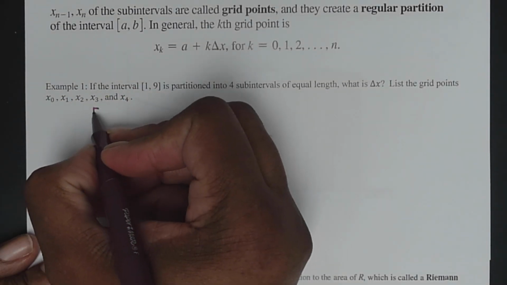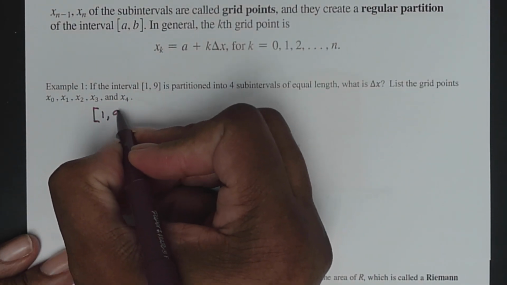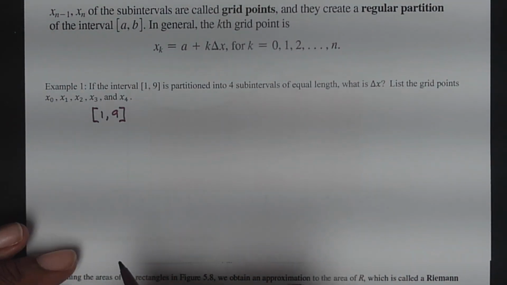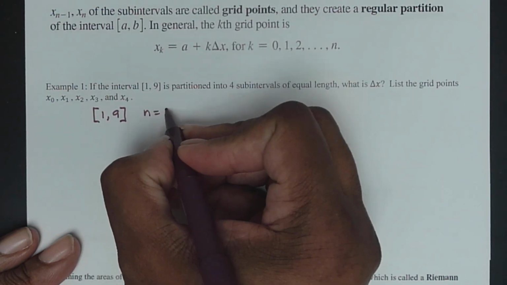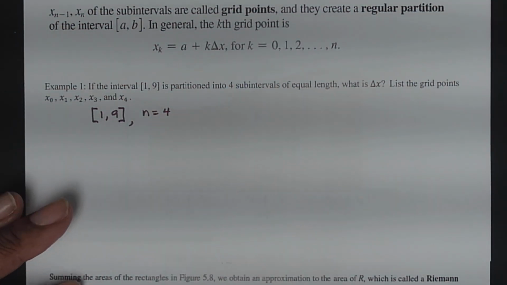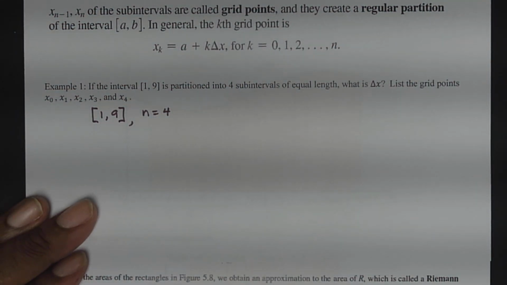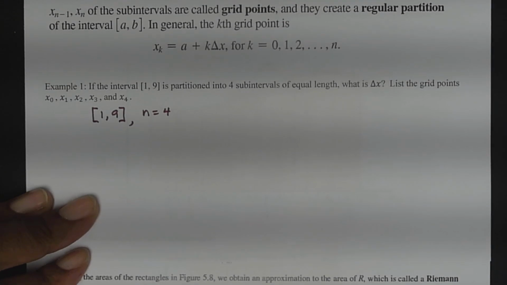Here we have an interval of 1 to 9, and we're partitioning it into 4 subintervals of equal length. That means n is equal to 4. Now we want to find out what delta x is.